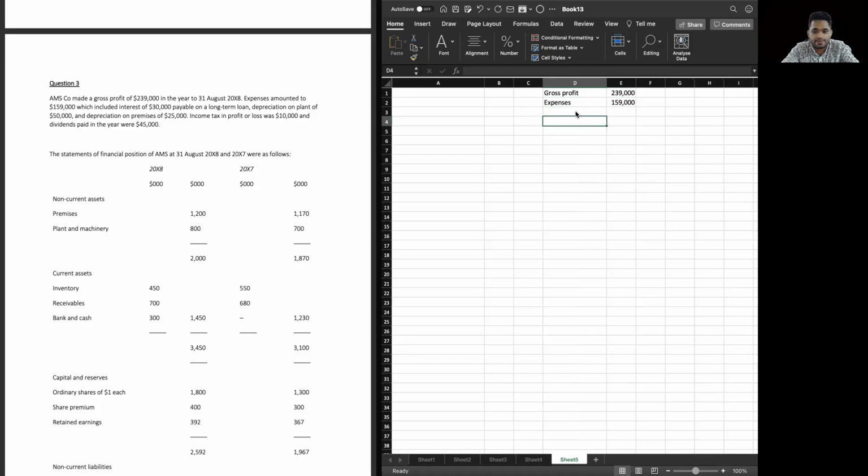So within these expenses, there is an interest of 30,000 on a long-term loan and depreciation of 50 to the plant and depreciation to premises, which is going to be 25,000.